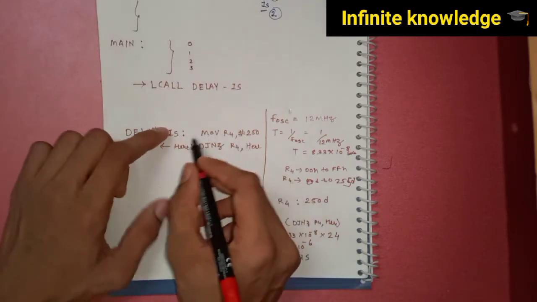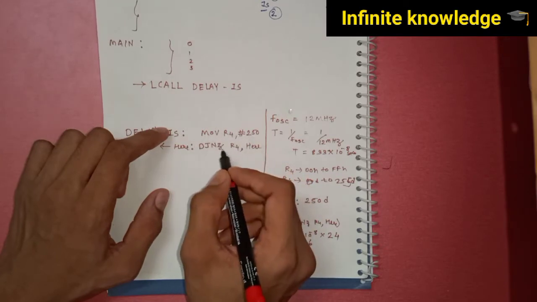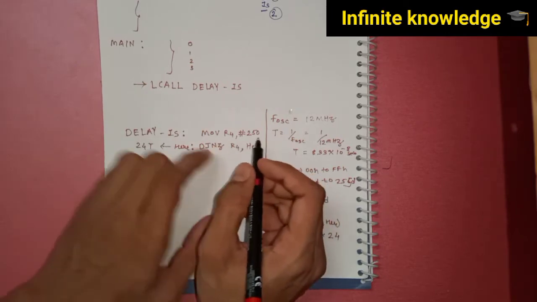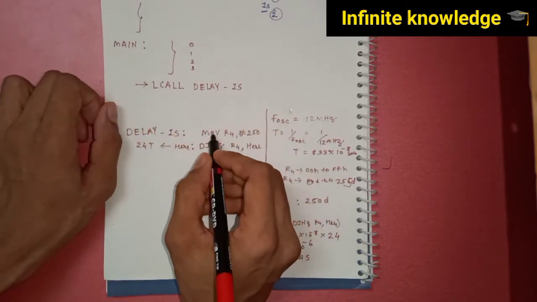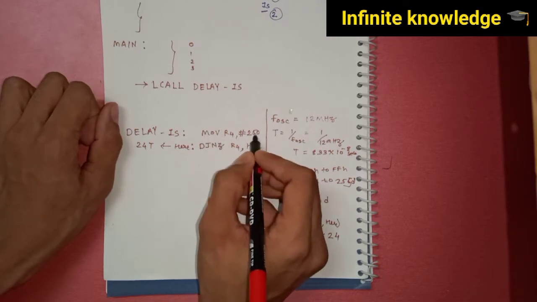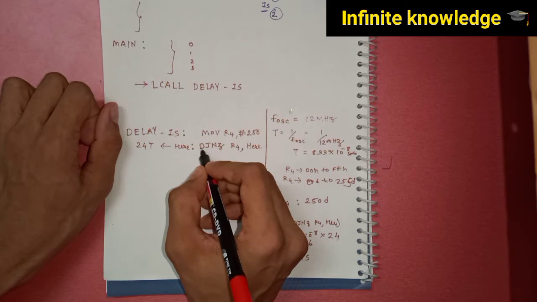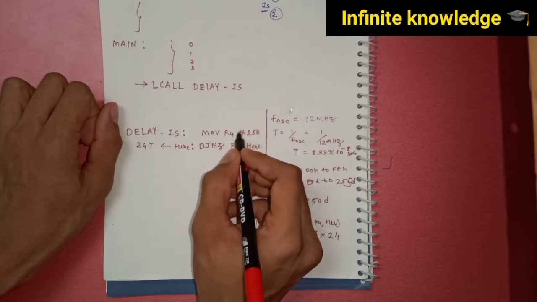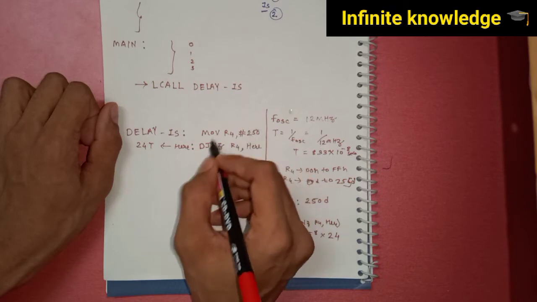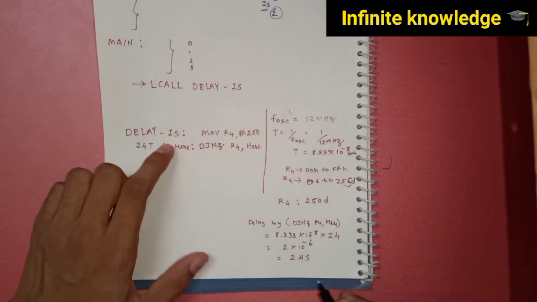When this program is running, first 250 is added to R4, and then decrement and jump if not 0 happens. So 250 is decremented by 1, and that is 249, and it will jump here.